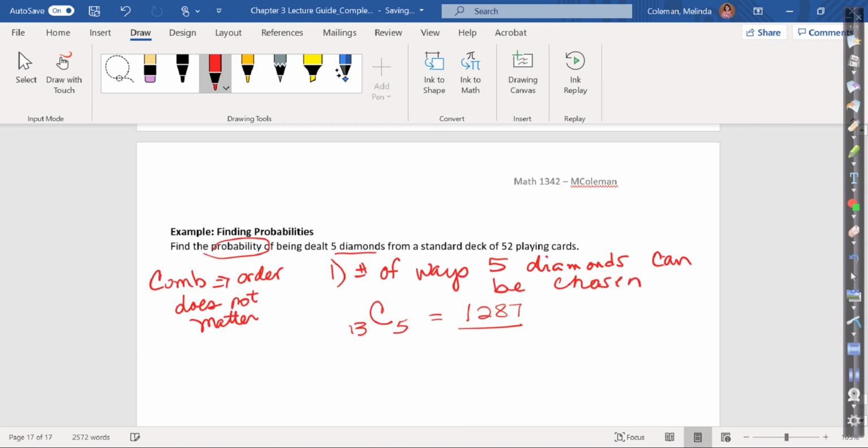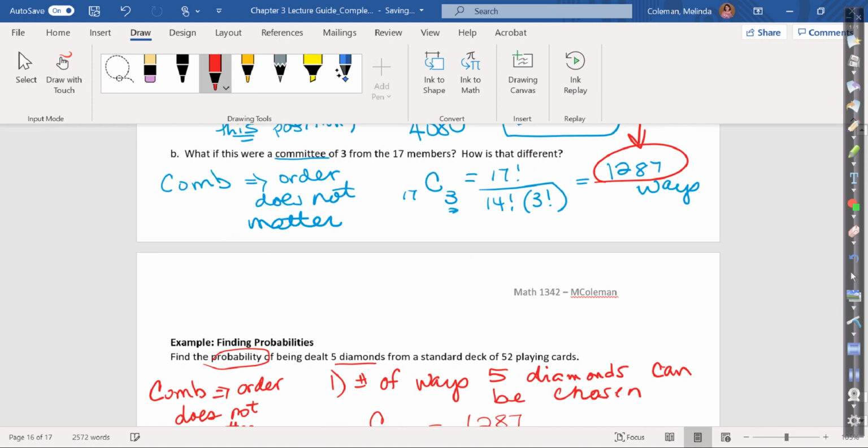I think I confused problems. Yeah, this is not the correct answer here. Let's see if I can find the correct answer. So let's do it on the calculator.